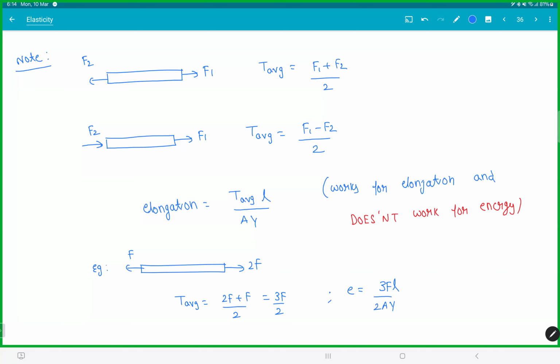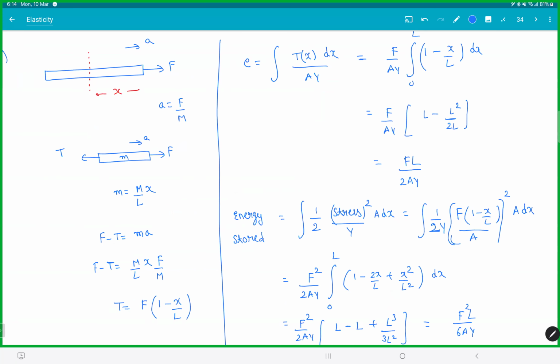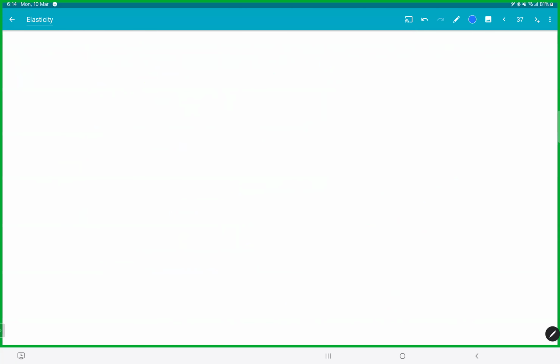Let's see one more. We have a rod of mass m, length L, Young's modulus Y, area of cross section A, hanging from the ceiling. Gravity is there.